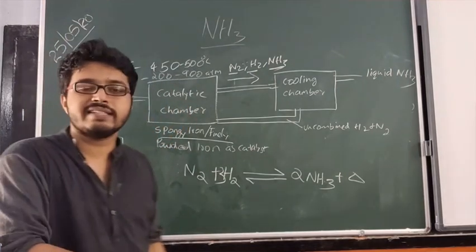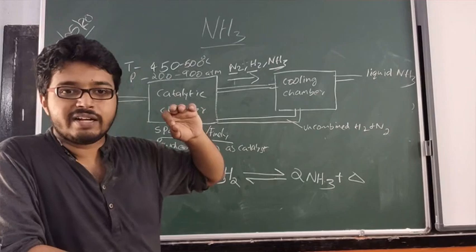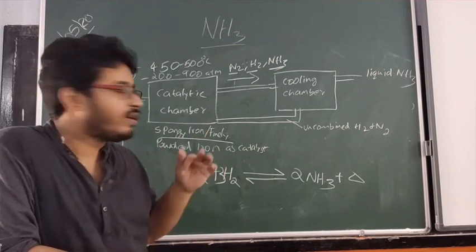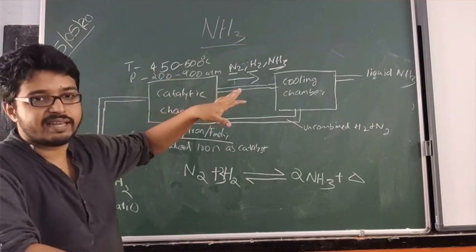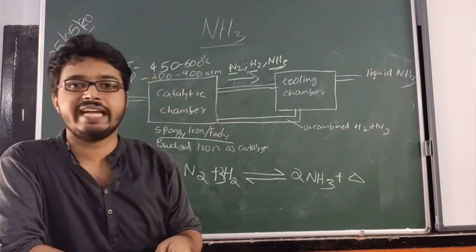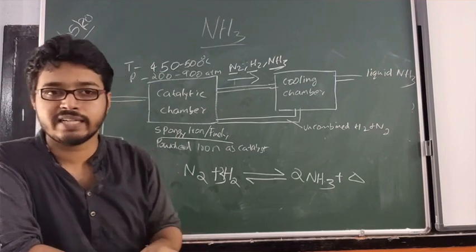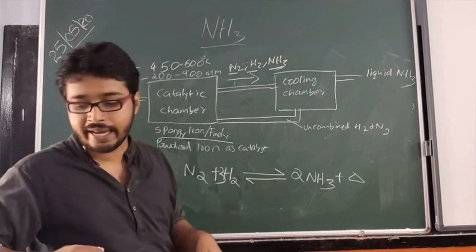Okay, so the thing is this: we are not keeping a very low temperature for cooling the three gases. We are keeping it around minus 80 degrees Celsius, I think, not exact, I have to check it again.